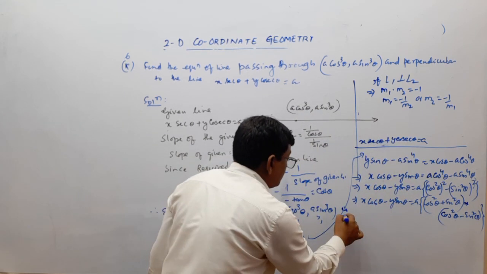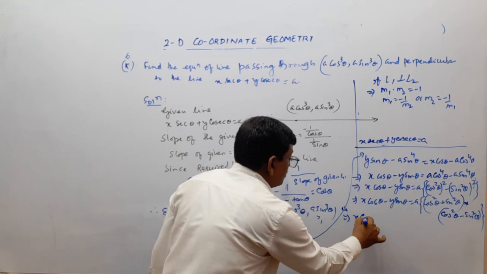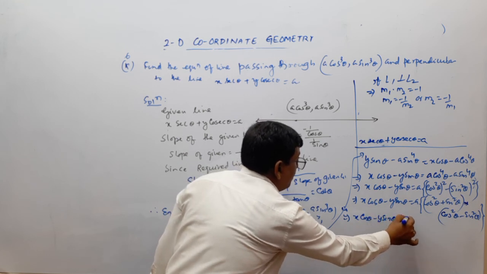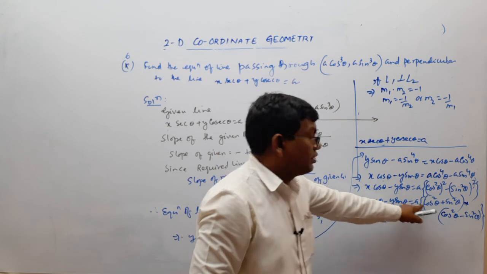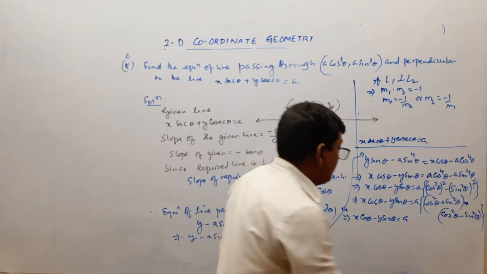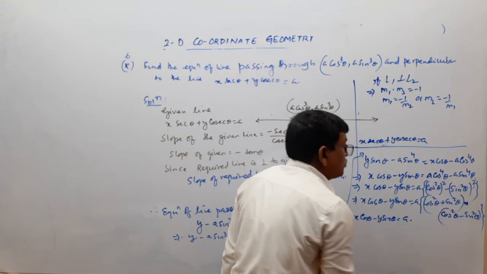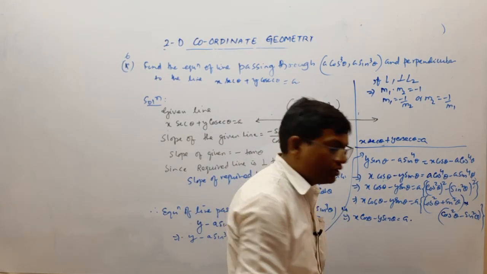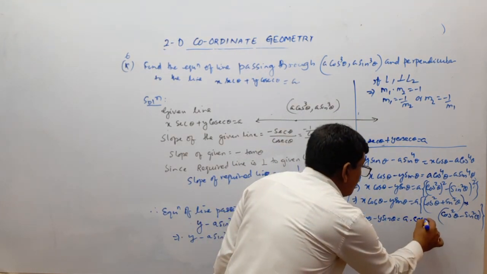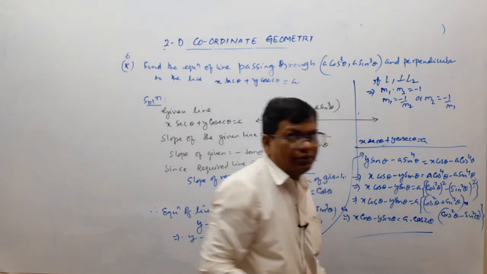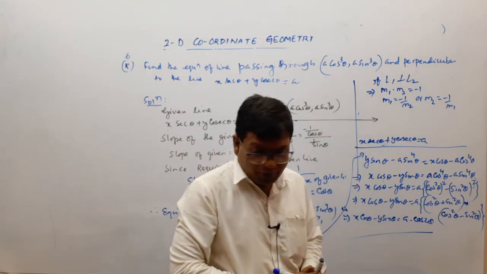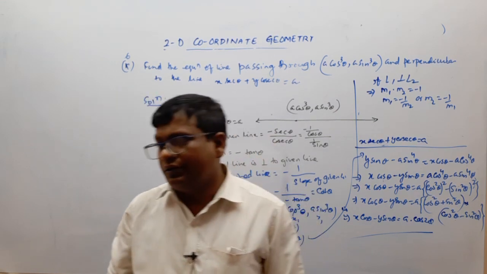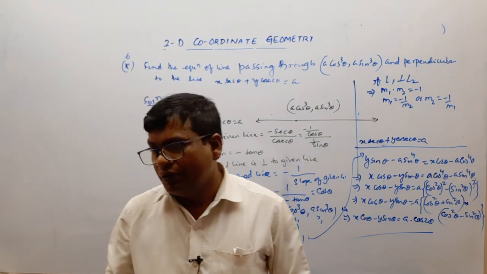That implies x cos θ minus y sin θ is a into cos²θ plus sin²θ, which is 1, times cos²θ minus sin²θ, which is cos 2θ. Clear?